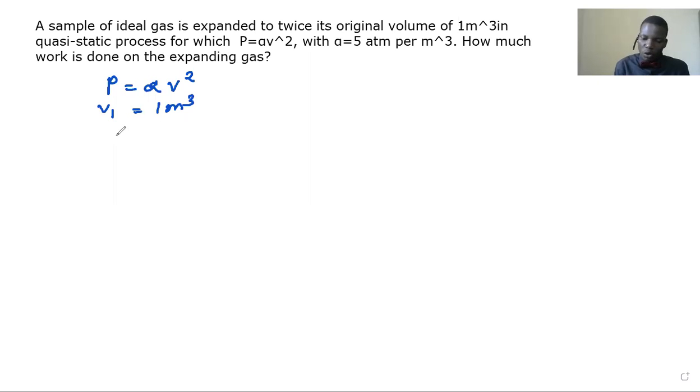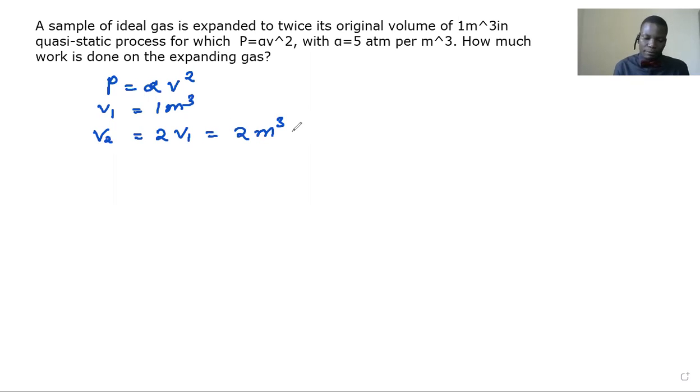And we've been told as well that this ideal gas has been expanded to twice its original volume. So meaning the final volume is twice the initial volume, which is 2 cubic meters. So this is the data that we have.